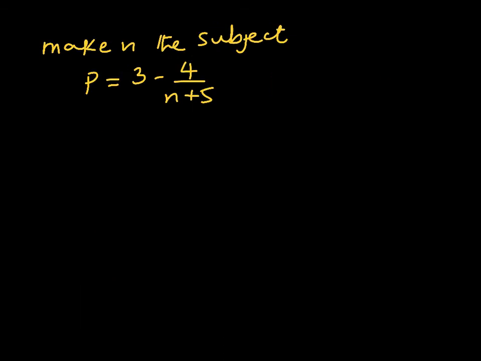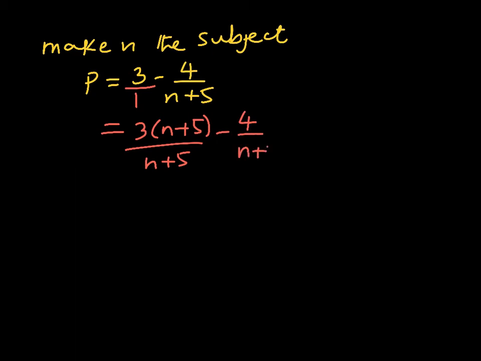Make N the new subject of this formula. Well, to do this, we need to make this a single fraction. So we're going to multiply by the opposite denominator. So this is going to be 3 into n plus 5, divided by n plus 5, minus 4 over n plus 5.